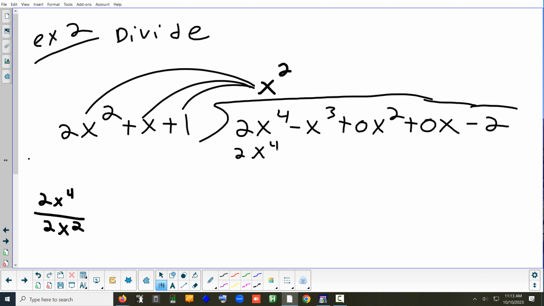Corwin, what's x squared times x? X cubed. And the last step, Lily, what's x squared times 1? X squared.